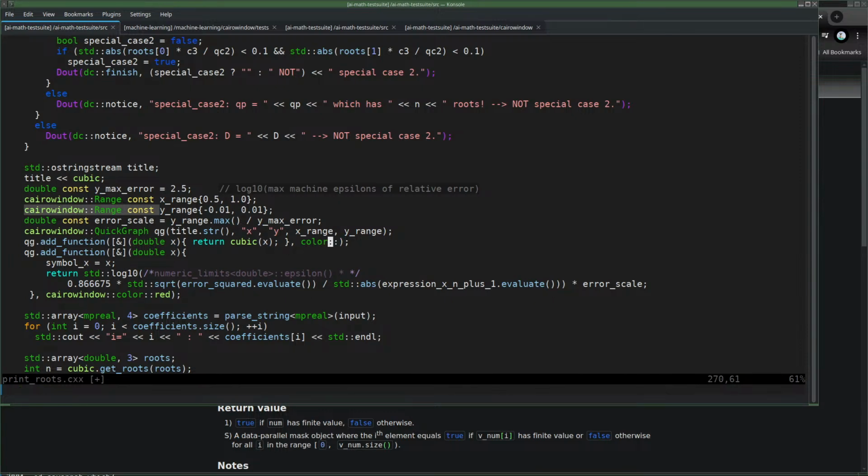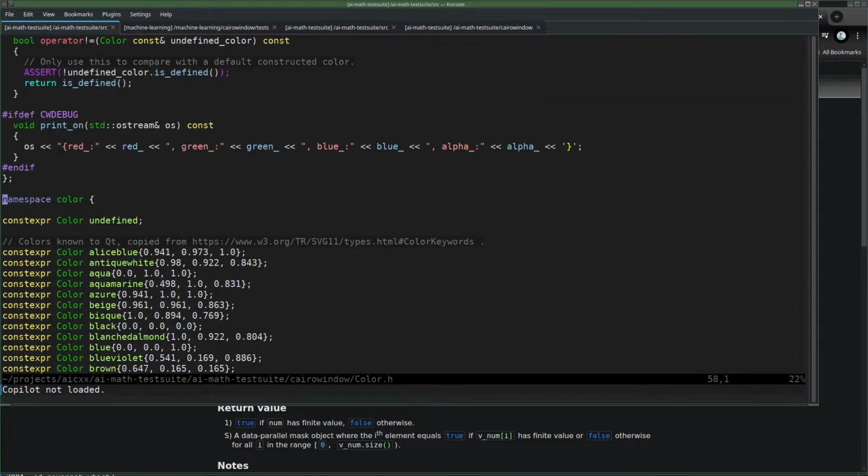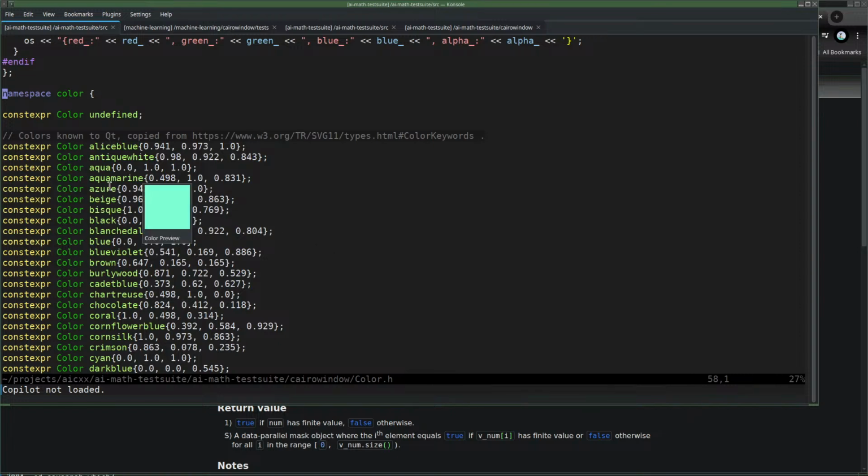Probably also Cairo window. Maybe we should just do using namespace Cairo window. Probably should do that. Yeah, have another color for my. Maybe something not that light. All the colors are too light.